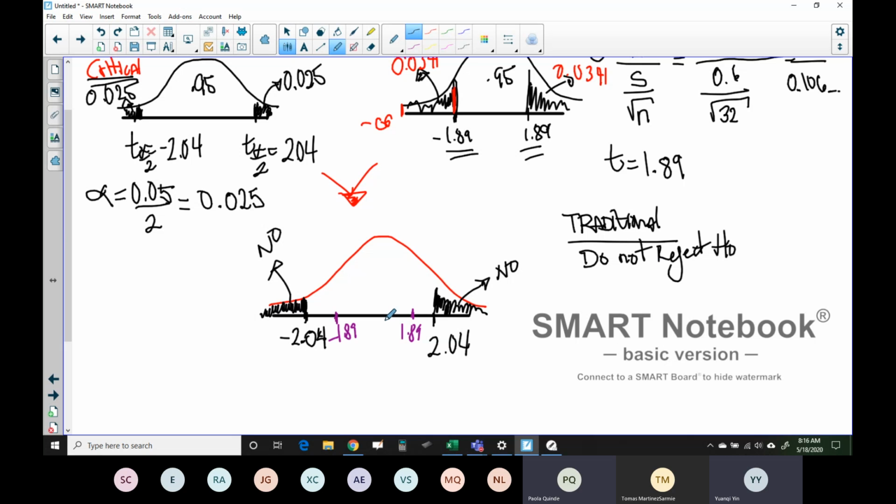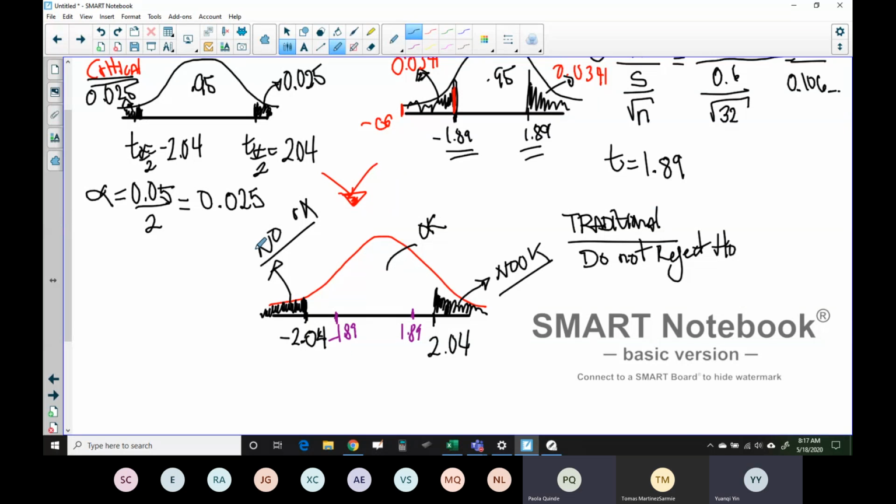Because the number 1.89 is to the right of 2.04. Well, or to the left, however you want to say. It's inside of the okay area. Anything here, it's okay. Everything okay is okay. Here is not okay. Not okay to be sitting there or to be sitting there. So you can see that the purple is good.